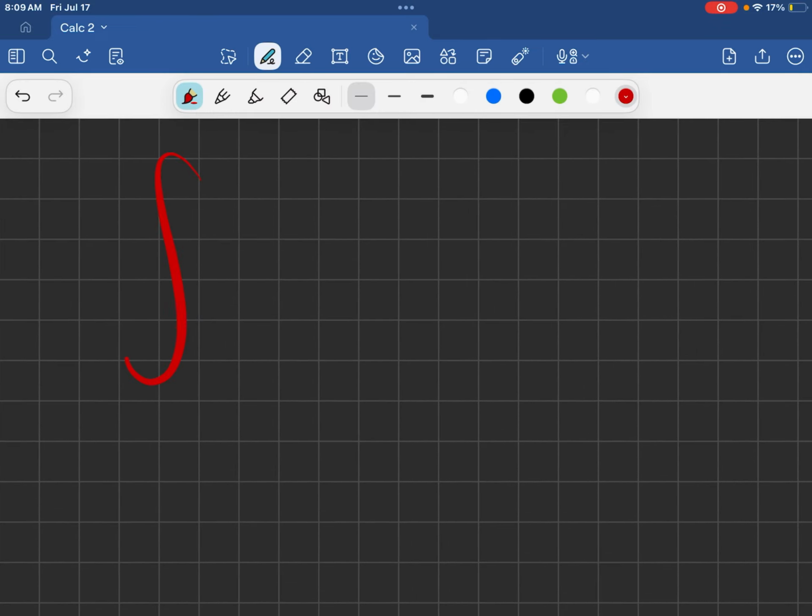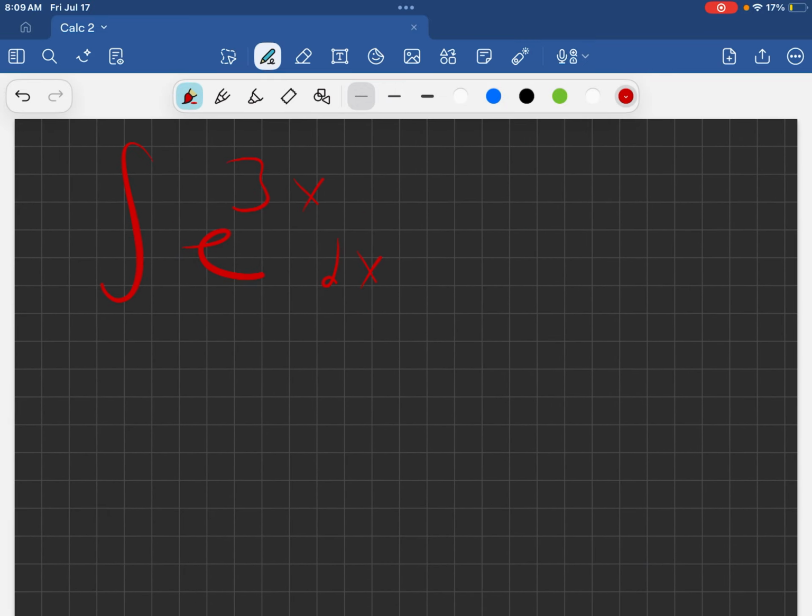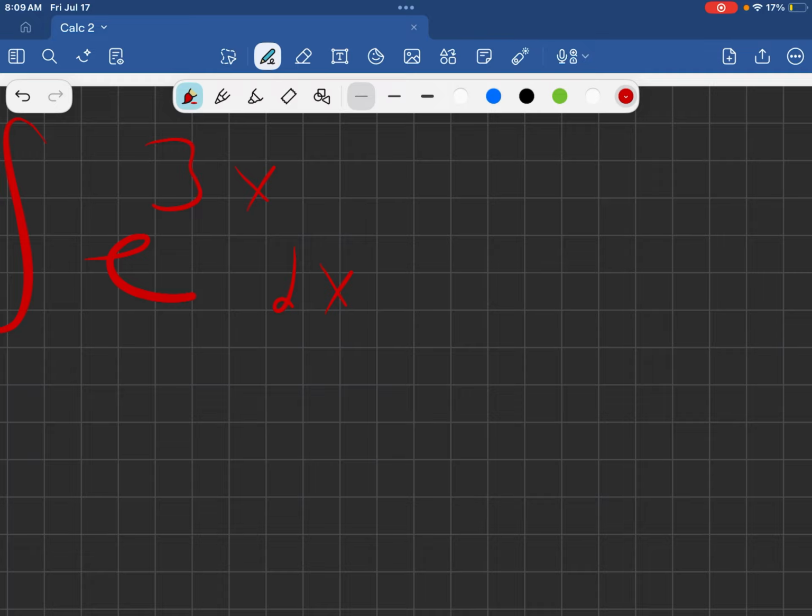And do one, e to the 3x dx. So our u here is going to be 3x. du is going to be equal to 3 dx.